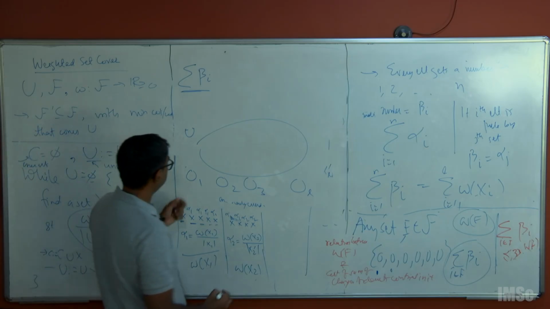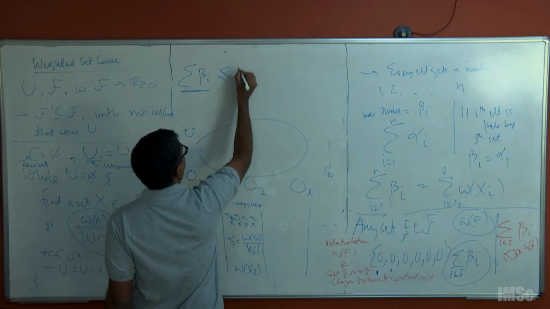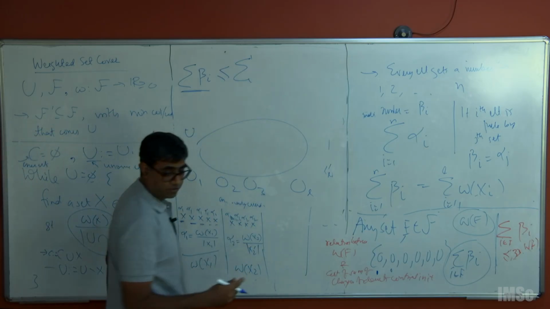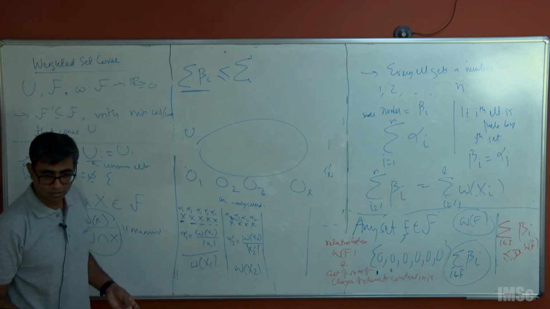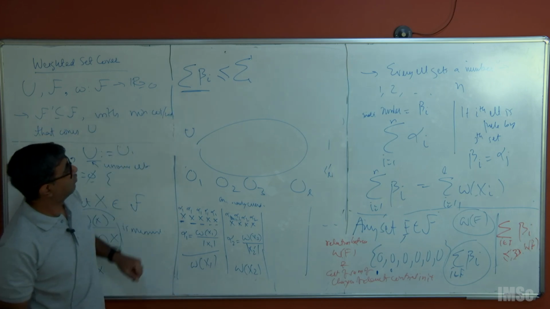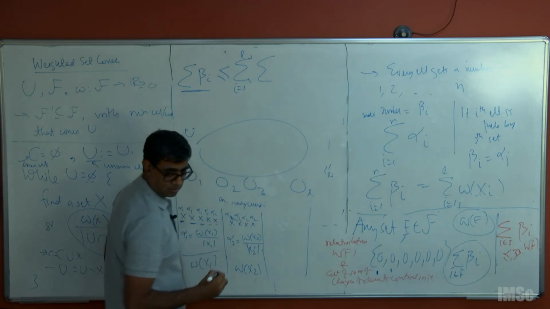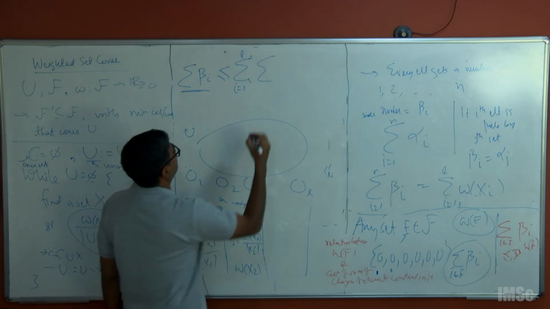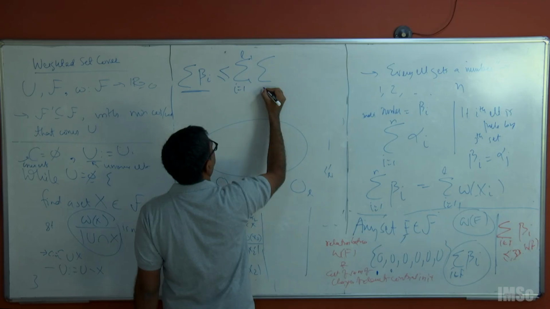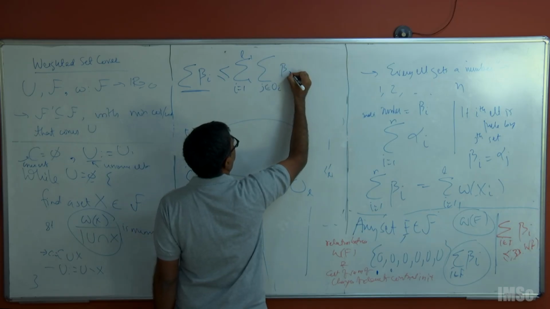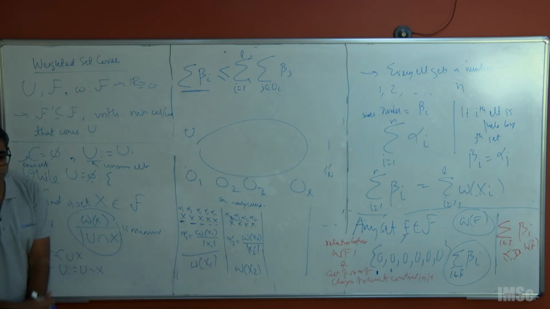Then I say this quantity is less than or equal to, because it is about covering, summation over i going from 1 to L of summation of beta j.